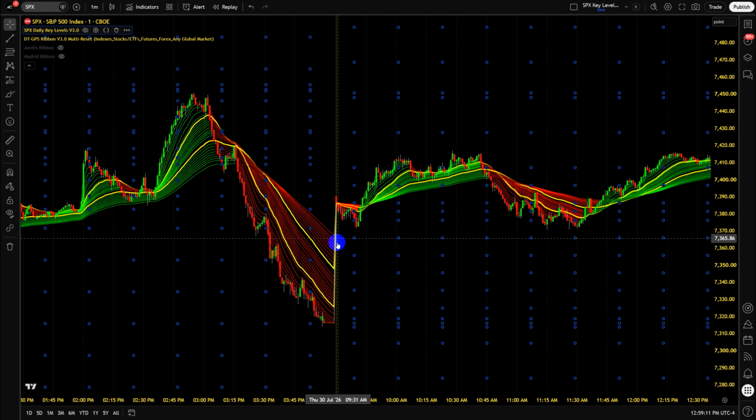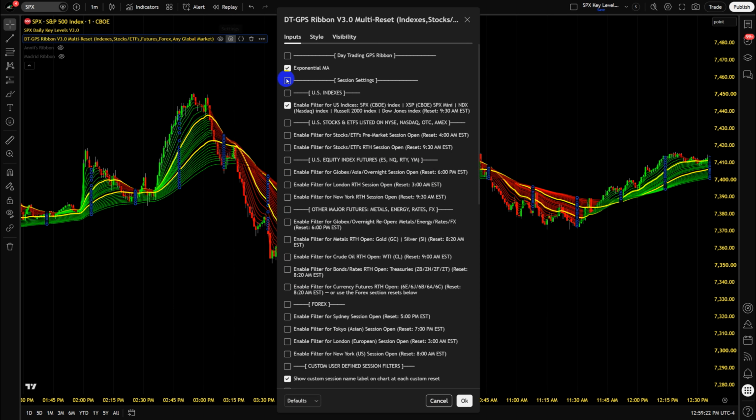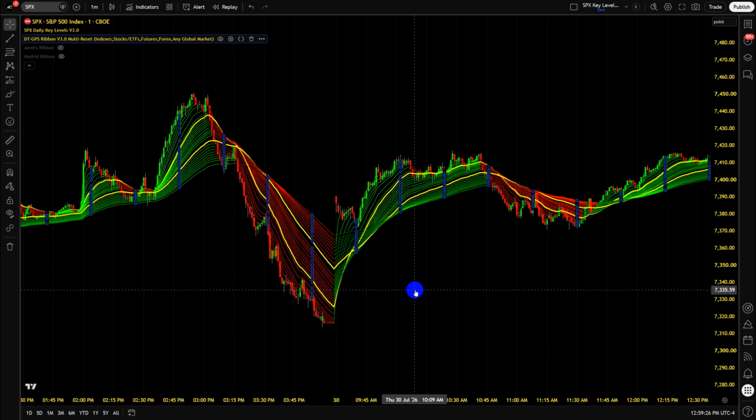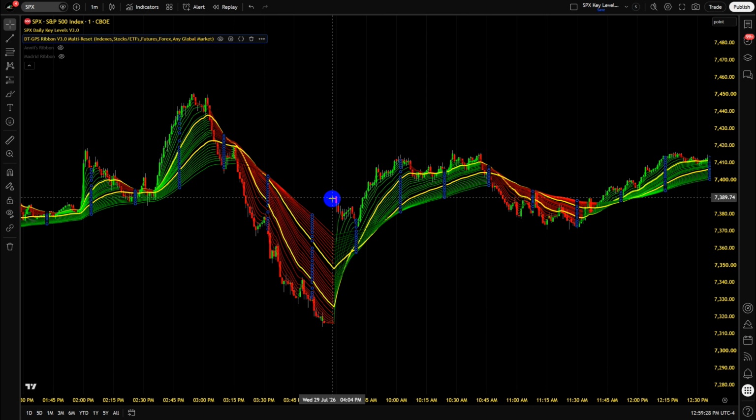Now here we're getting a reversal right off the bat, but then we're getting a move back up above that. Here we'll just take a look at it without the filter on. And as you can see here, you're not really seeing this reversal right off the bat.